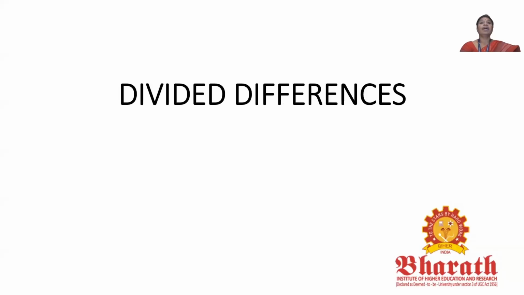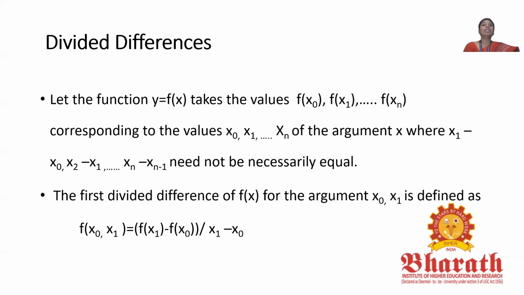So next is divided differences. Let us define what divided differences are. Let the function y is equal to f of x take the values f of x naught, f of x1, etc., f of xn, corresponding to the values x naught, x1, etc., xn, where x1 minus x0, x2 minus x1, etc., xn minus xn minus 1 need not necessarily be equal, because those are the successive differences, they may not be equal.